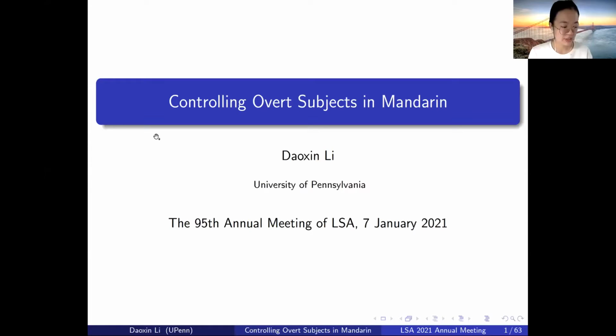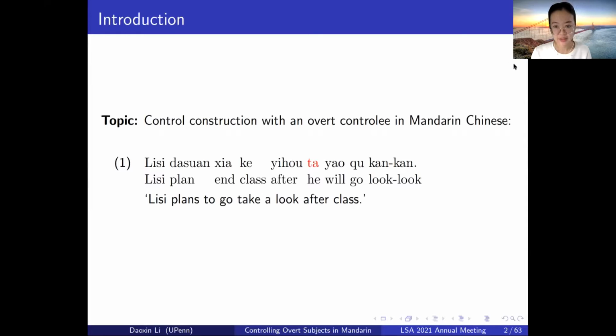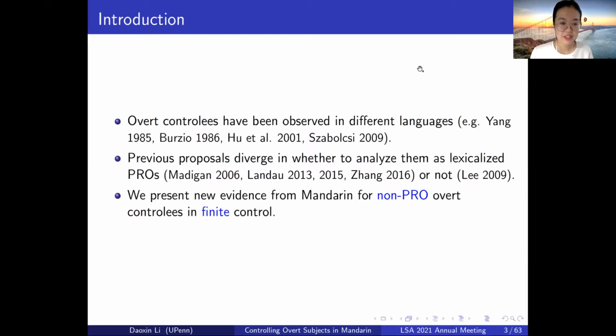Okay, so today I'll be talking about the control construction with an overt controlee in Mandarin. For example: the plan is that after class, he will go look. So overt controlees have been observed in other languages as well, but previous proposals diverge in whether to analyze them as lexicalized big PROs or not.